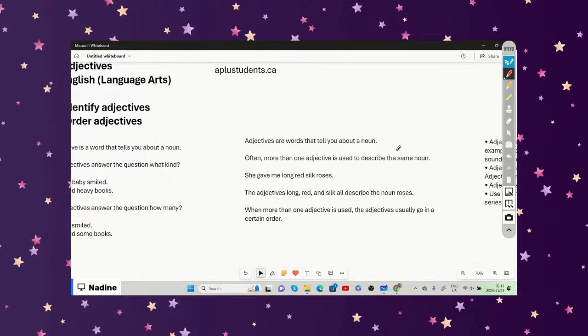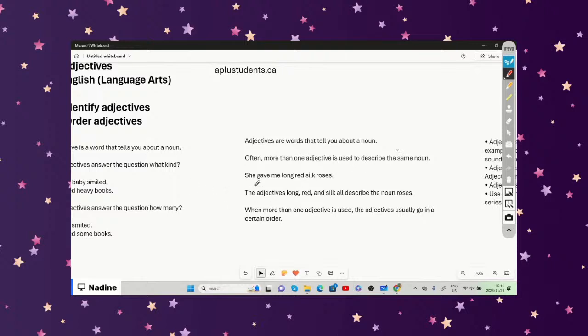So if you want to describe, let's say, prom night, and now somebody has on a beautiful long silky dress. So now you want to describe that dress.